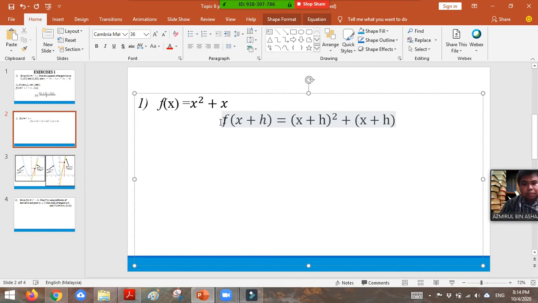So I just substitute x plus h for each x. Overall, x becomes x plus h, and this also becomes x plus h.